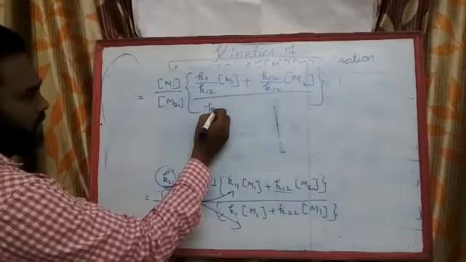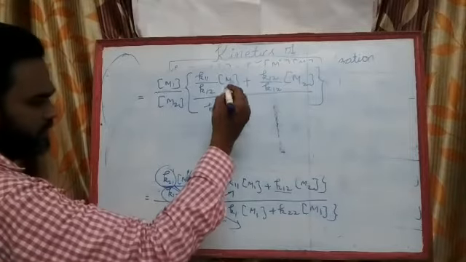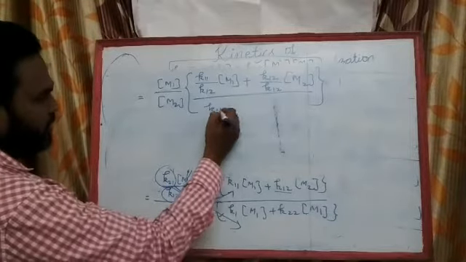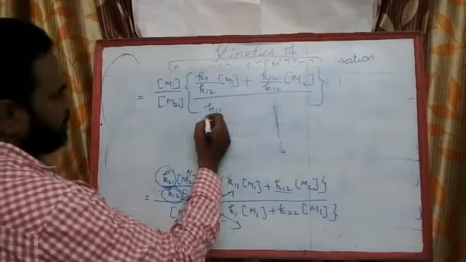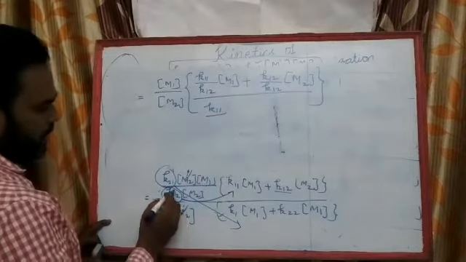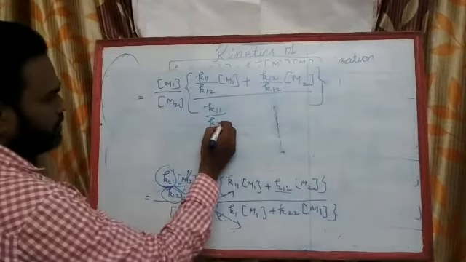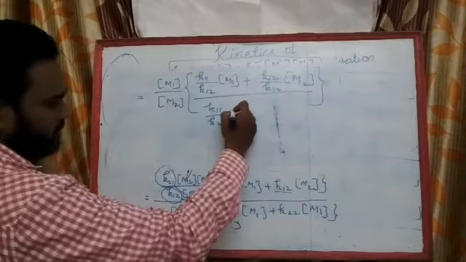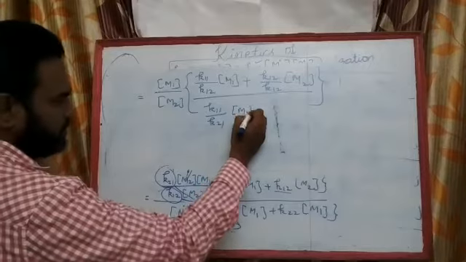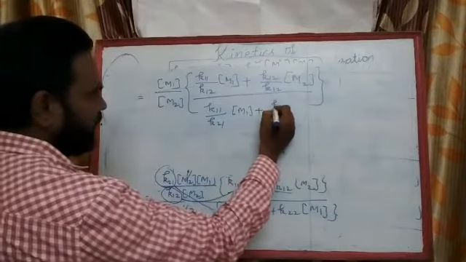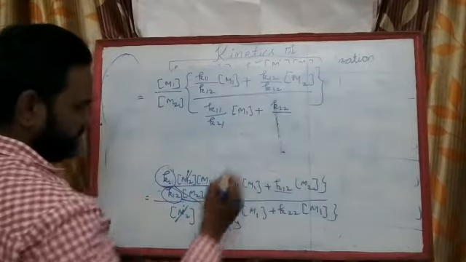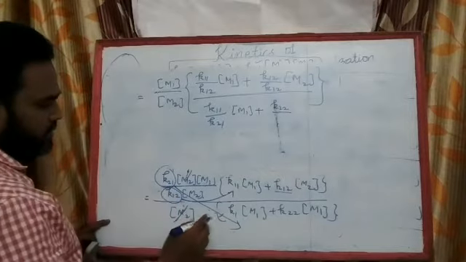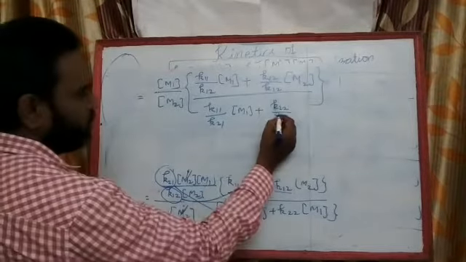So this becomes K11 by K21 concentration of M1 plus K22 by K2.